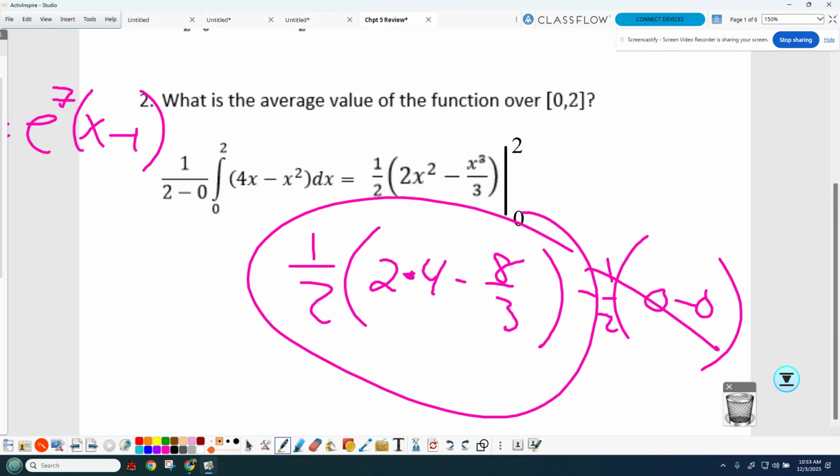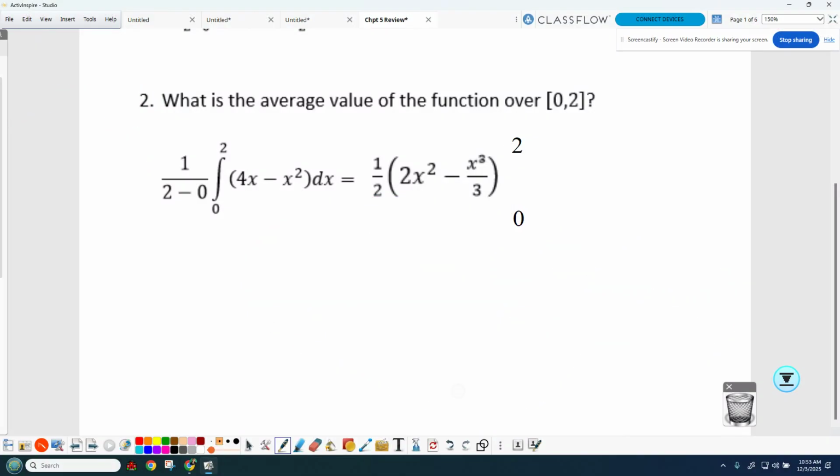The average value, whatever number we got out, where does the function equal that? That's all you do. And in this case, it's not gonna be a nice answer, and you need a calculator to solve it, which is why I haven't been asking those so much.